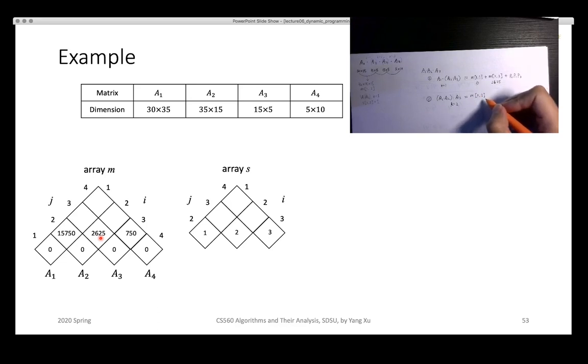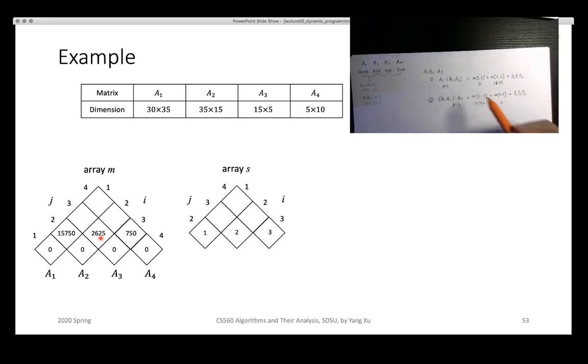According to the table, M12 is 15,750, plus M33, which is 0, plus P0 times P2 times P3.